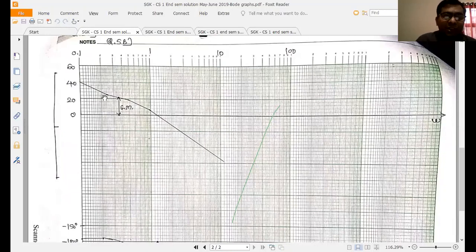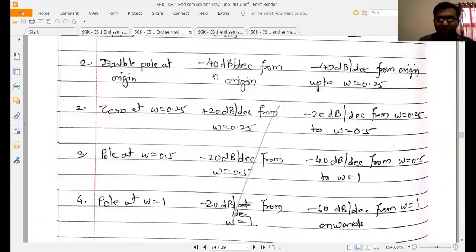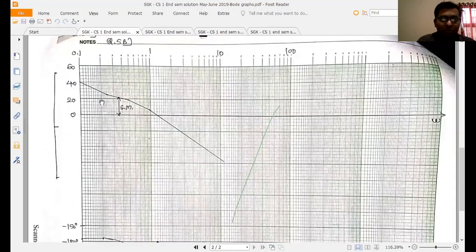After the first cutoff frequency, we go into the next section. What was the next section? It is only minus 20 dB per decade. So a minus 20 dB per decade line will come here, and that line will extend only up to omega equal to 0.5, right? Here it is 0.1, 0.2, 0.3, 0.4, 0.5. So up to here we'll have a slope equal to minus 20 dB per decade.